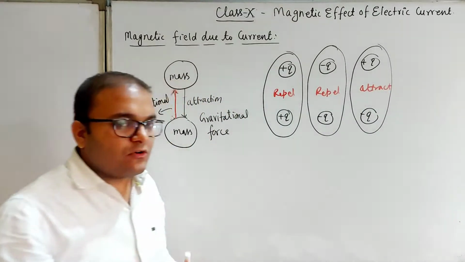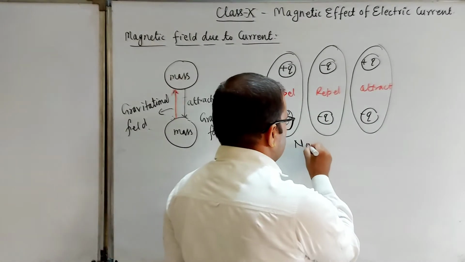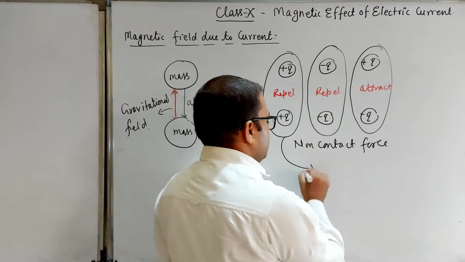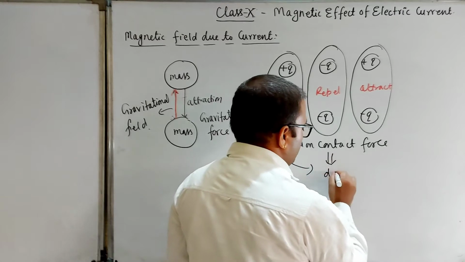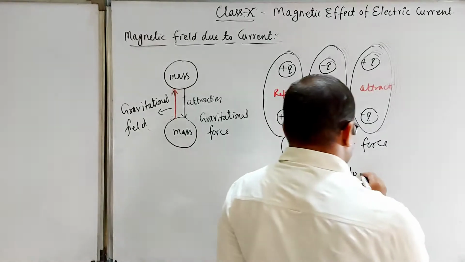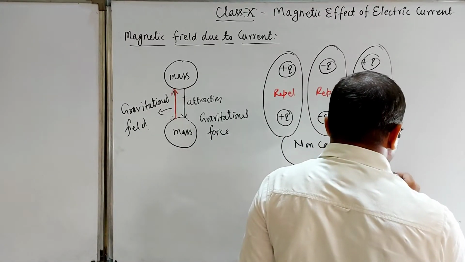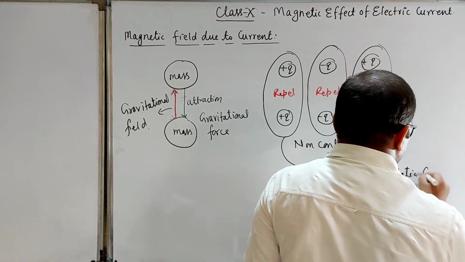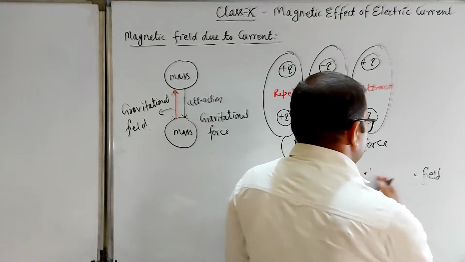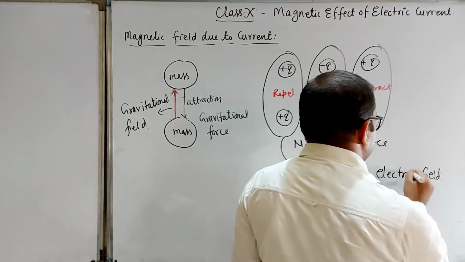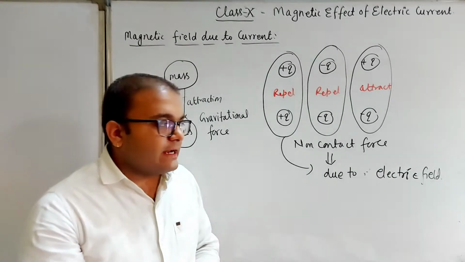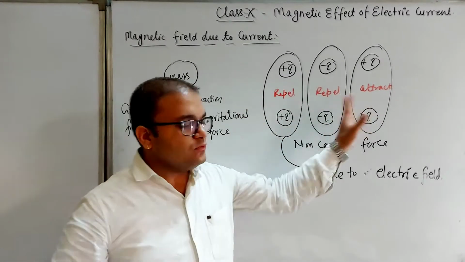We know these are also non-contact forces, and the non-contact force here is always due to a field, which is the electrostatic field, or simply the electric field. The electric field is responsible for the attraction or repulsion force between two charged objects.